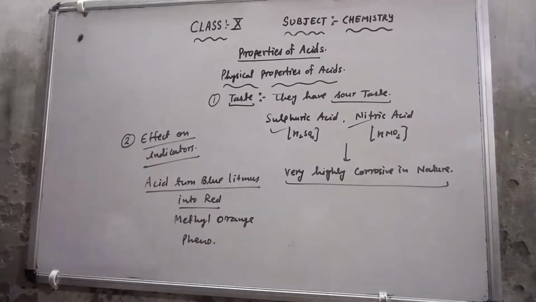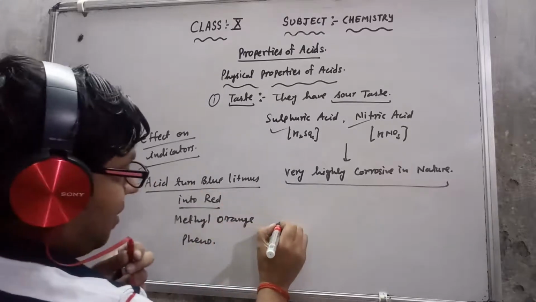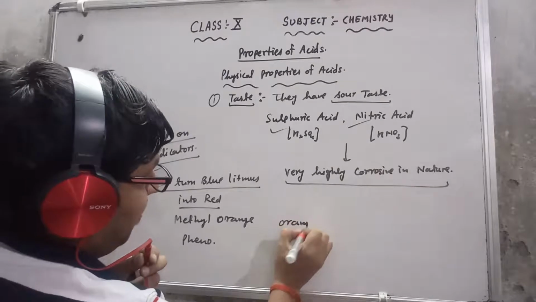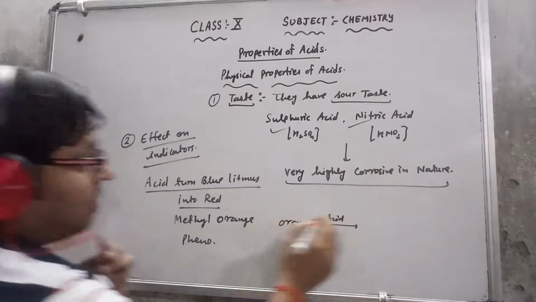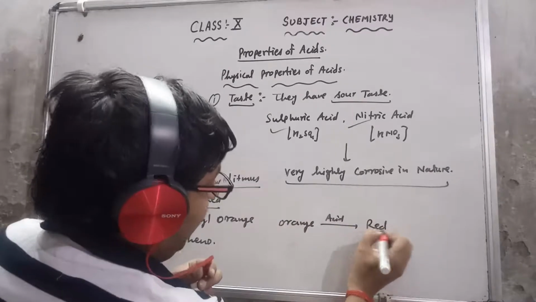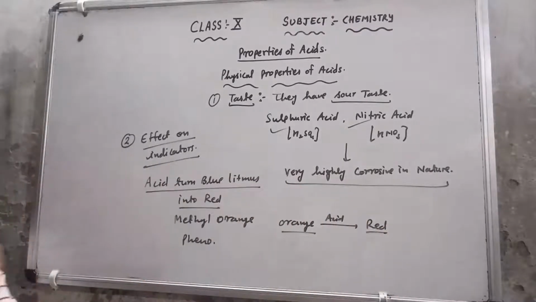As we know, the color of methyl orange is orange. If I put acid in methyl orange, it will be converted into red in color. So this is also an effect on the indicator.